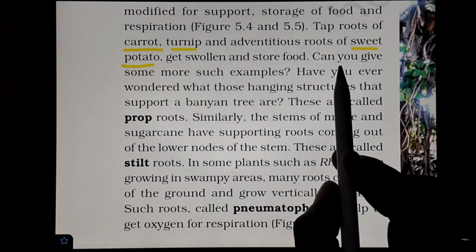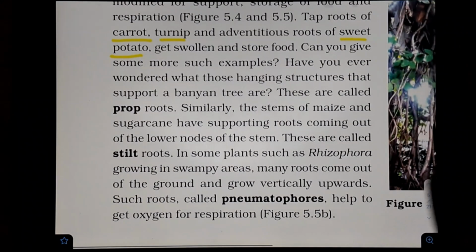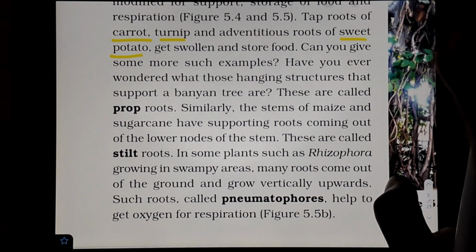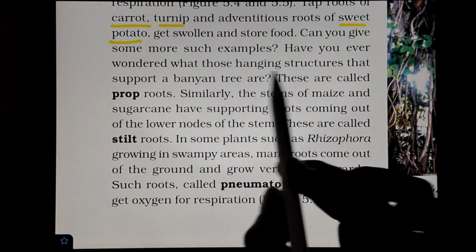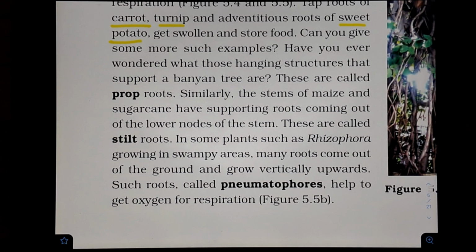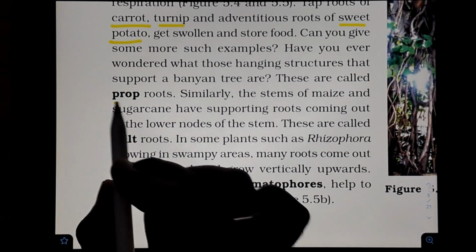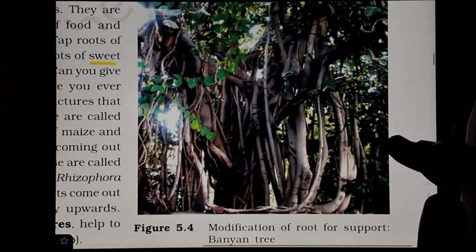Next, you can also name some more examples at your own interest. Maximum NCERT examples are more than enough. For example, have you ever wondered about the hanging structures that support a banyan tree? These hanging structures are known as prop roots. You can see here, this is a banyan tree.